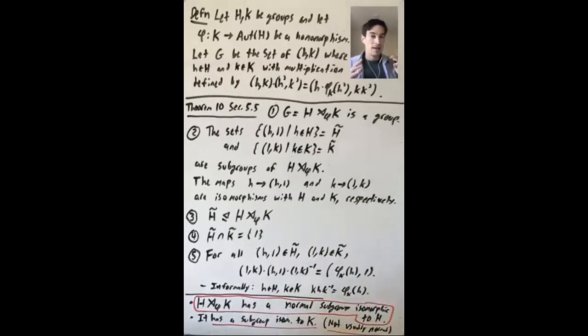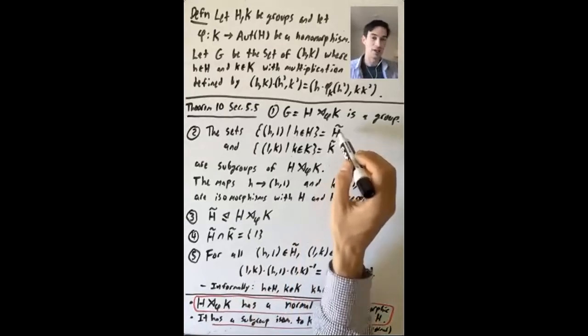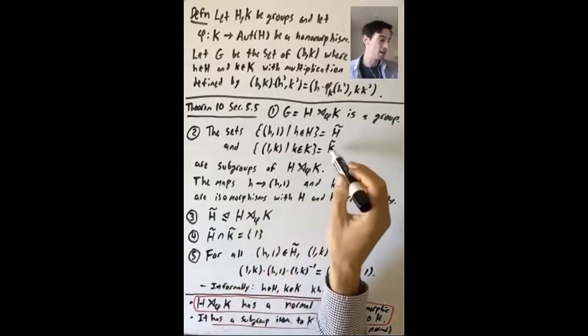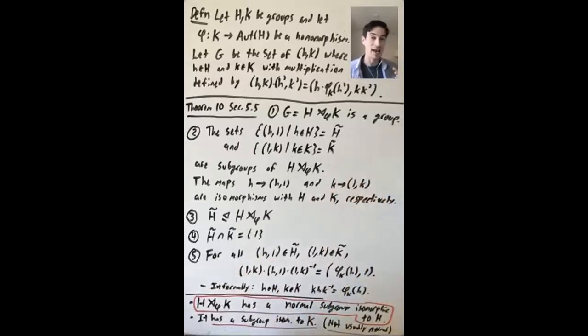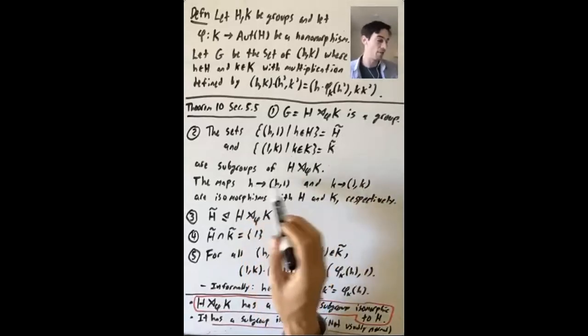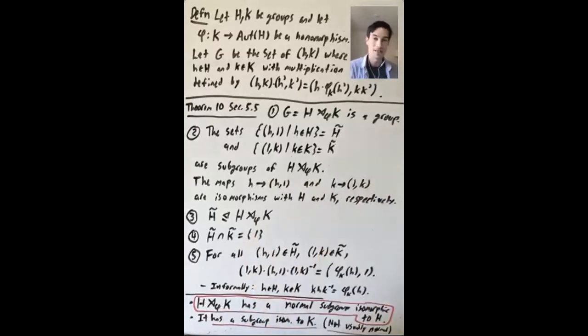So informally, if you just identify H tilde with H, this group that it's isomorphic to, and identify K tilde with K, this group that it's isomorphic to, via these isomorphisms where we'll just refer to (h, 1) as little h and (1, k) as little k, what this is saying is that k h k inverse is phi_k of h.